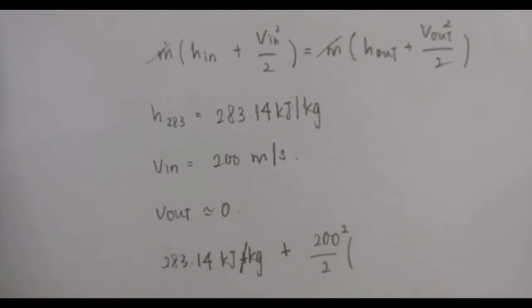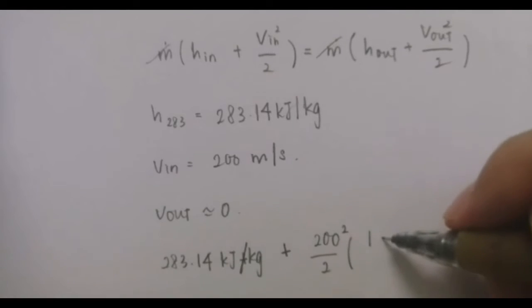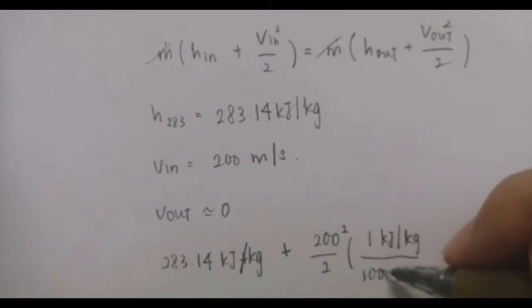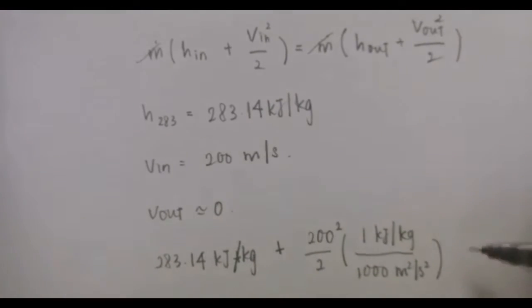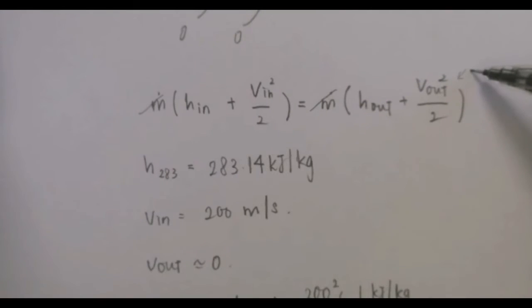Now we have to be careful with the unit because we already changed into meter square per second square. Now we're going to change this to kilojoule per kilogram, so we divide by 1000. Because the velocity out is already equal to 0, we don't need to write it.